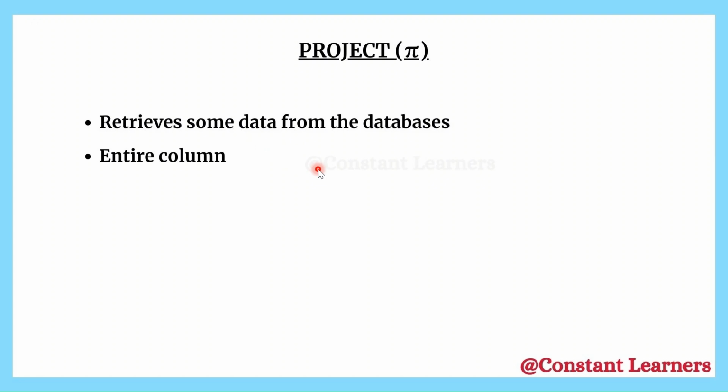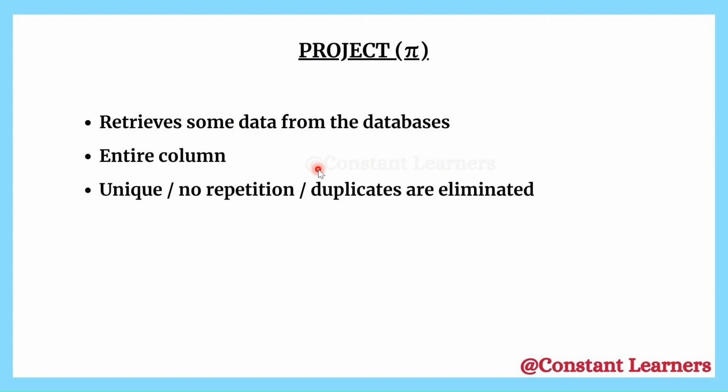It is to be noted that the data received is entirely unique. Unique means that in the output we receive, there is no repetition and no duplicate data. For example, if I need the name column from the students table, then the names of the students that are repetitive will be eliminated.